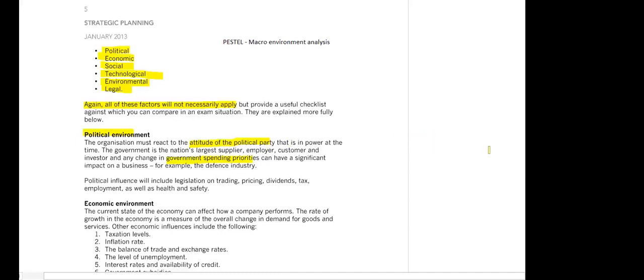For example, if a government wants to support a particular industry and gives tax holidays, that's a great opportunity for those companies operating in that industry. So political factors and the views of the parties in power provide avenues of opportunity, or sometimes threats if their policies are not favorable for your business.